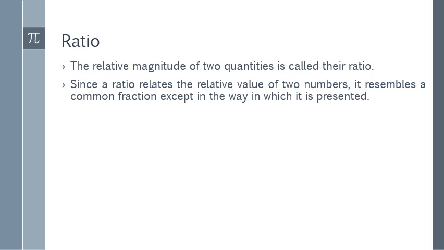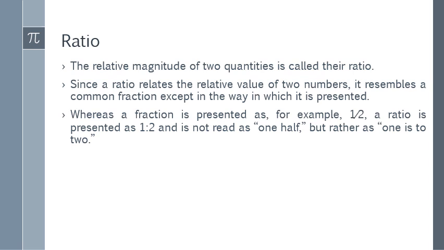Now, ratios are similar to fractions, as we represent a quantity of 1 upon 2, that shows the half. So it is similar to the fraction, but we are representing it in a different manner.